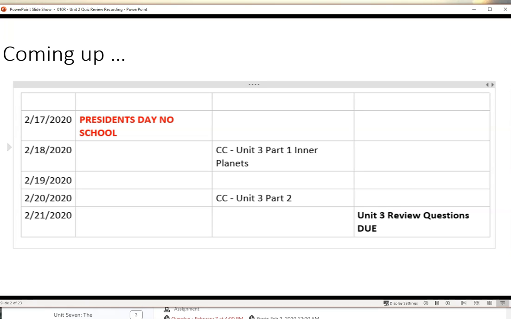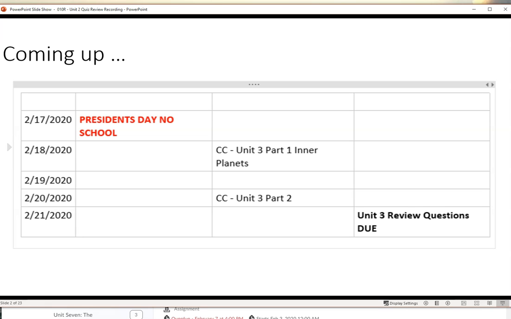Before we get started, though, I want to let you know what the schedule is for astronomy coming up next week. As you probably know, we had Unit 2 review questions that were due last Friday, and we are wrapping up Unit 2 today, and we're moving on to Unit 3 about the inner planets next week.